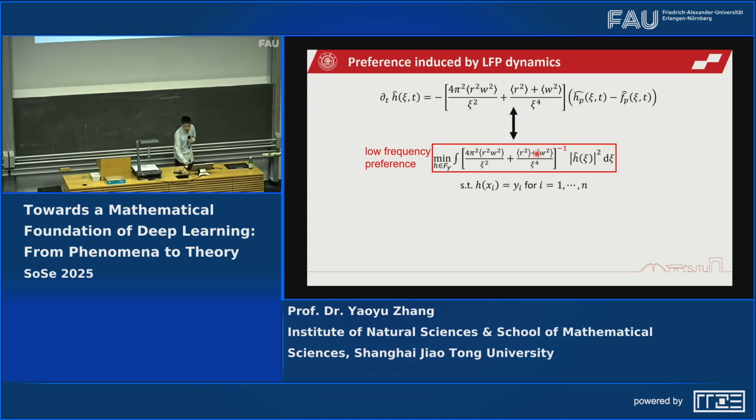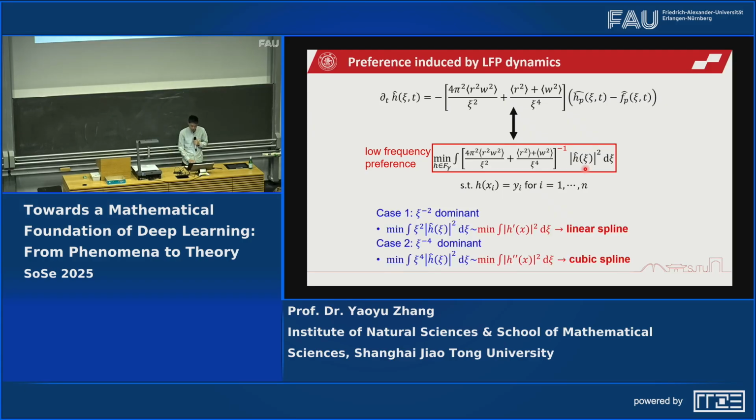In this FP norm, there's an inverse exponent here, which is increasing in the Fourier domain. That means there's a higher and higher penalty on the higher frequencies of these interpolations.